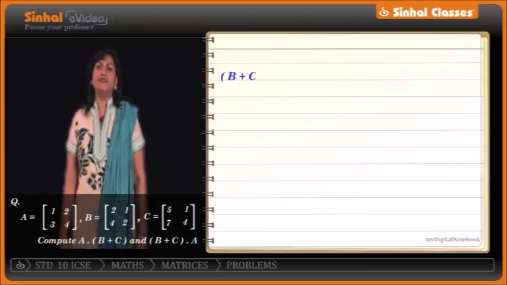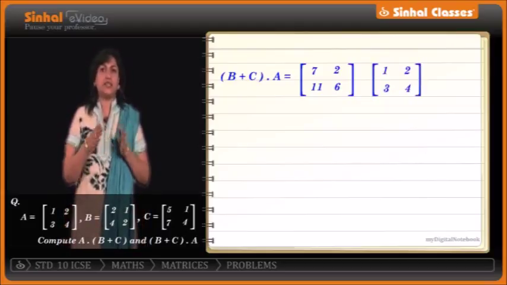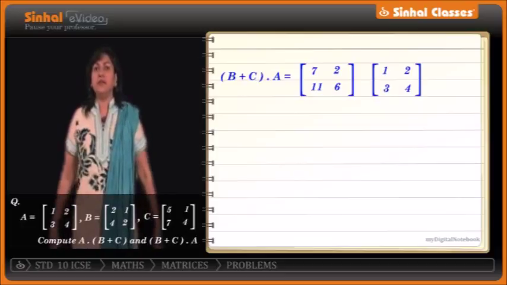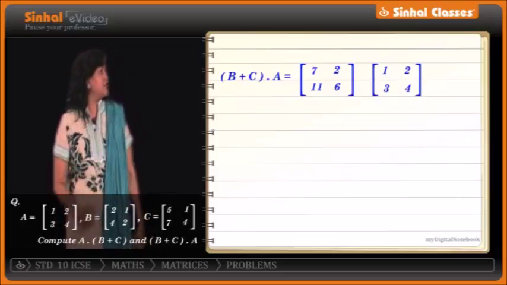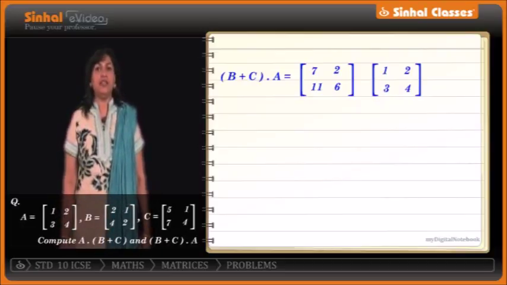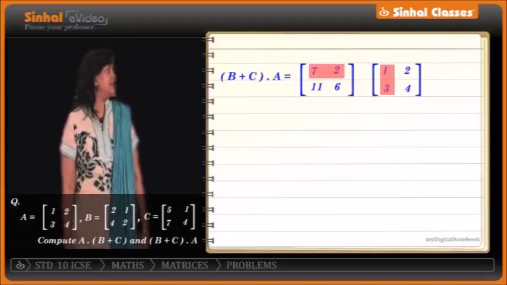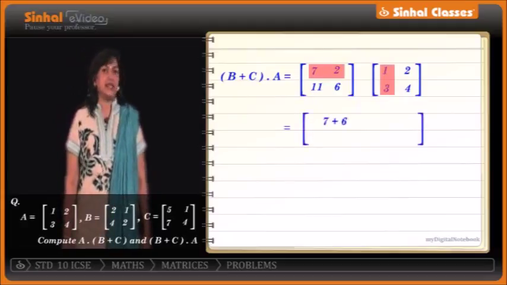What do you think? Will B plus C into A be the same as A into B plus C? Let's check it out. To find B plus C into A, we will multiply B plus C with A. Now B plus C we have already found out earlier. Now let's multiply. The first element will be row 1 into column 1, that gives us 7 plus 6.